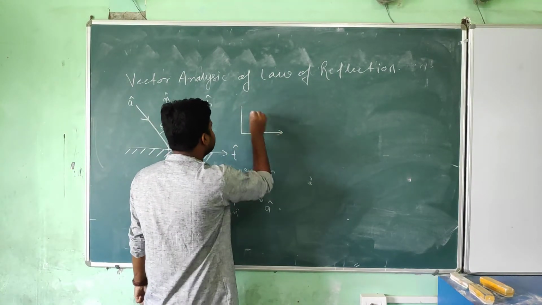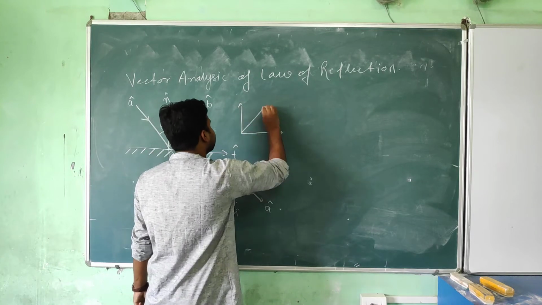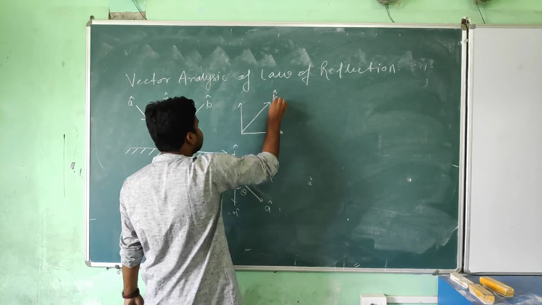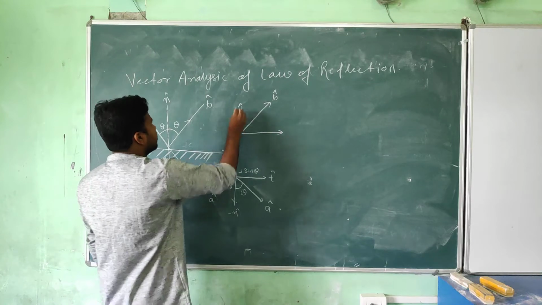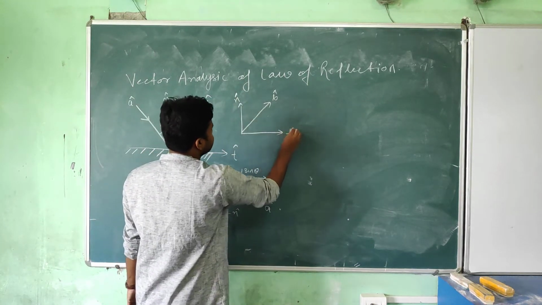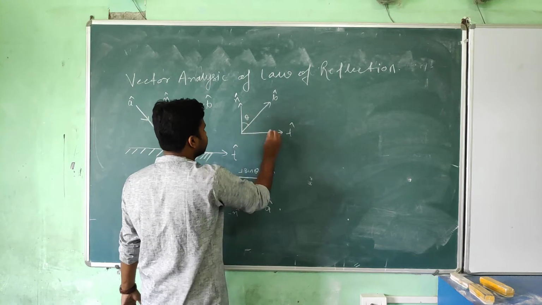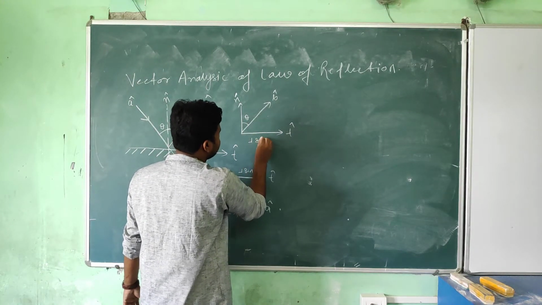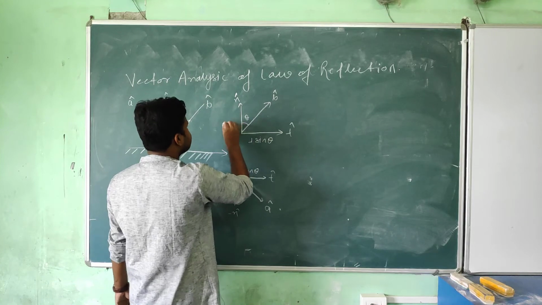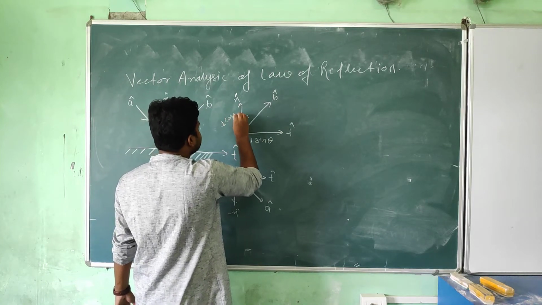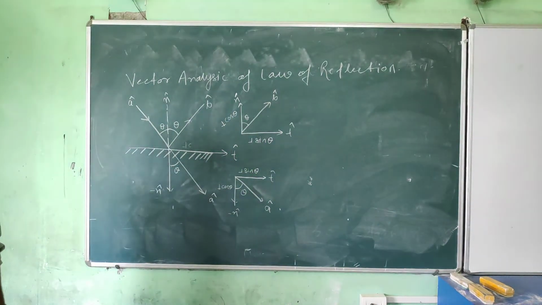So here student, for B we have this B cap. This one is the N cap and this one is the T cap. This angle is given as theta, so it's 1 sin theta and this one is 1 cos theta. Very simple student.